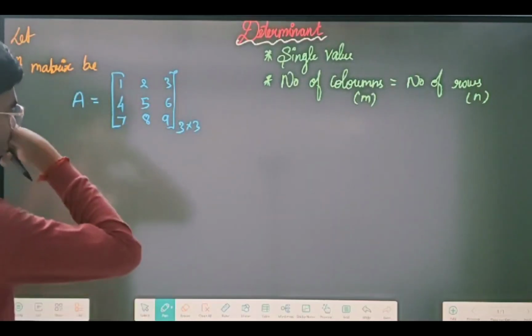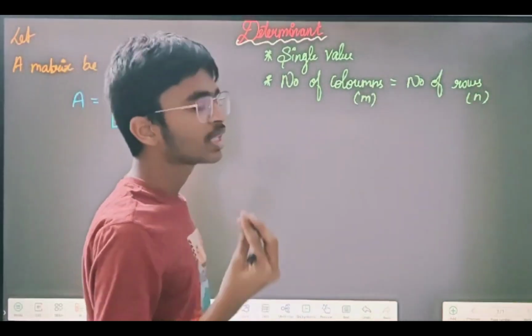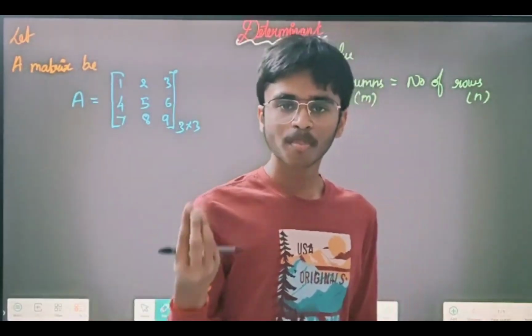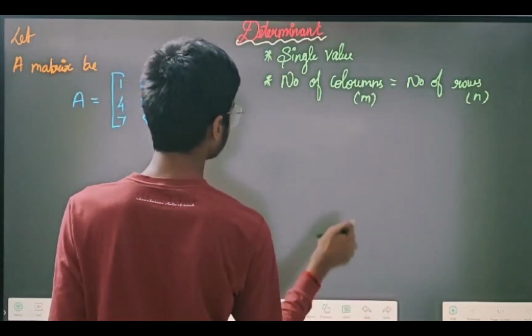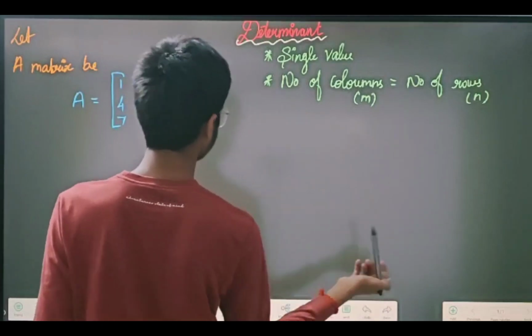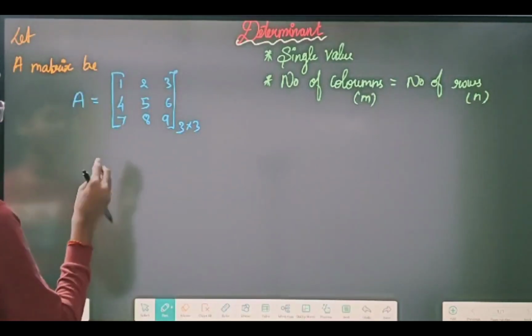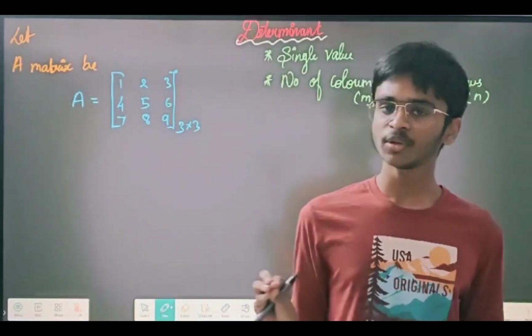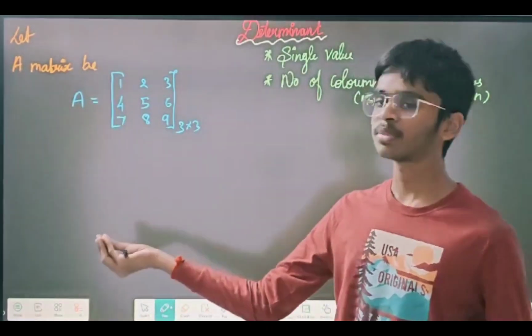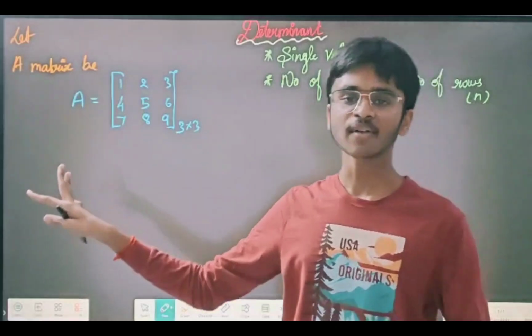So here, what is its determinant? As I said, the determinant is a single value. So a matrix will be represented like this, but a determinant will be represented like this. If you are representing a matrix by an alphabet, you need not add any additional symbol; just A is enough to represent a matrix.